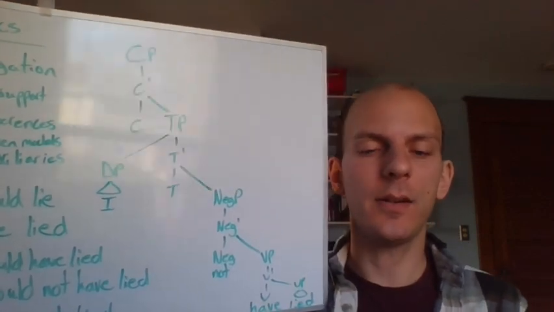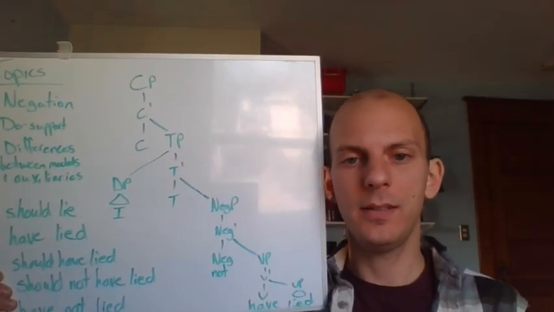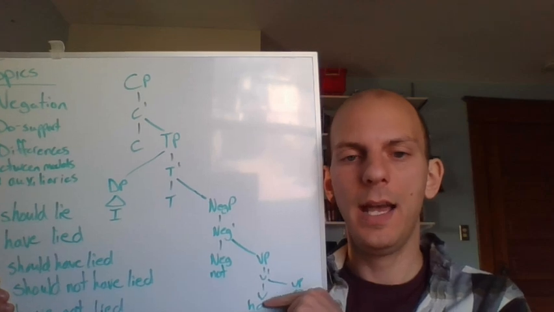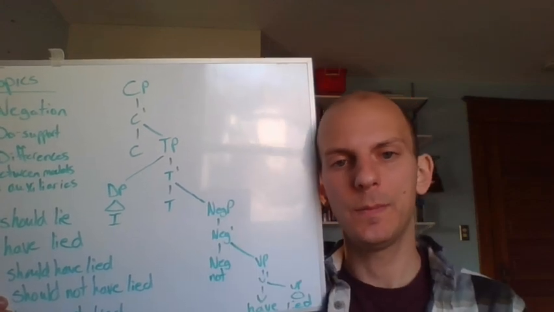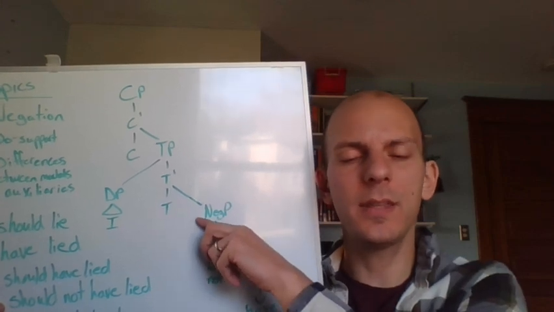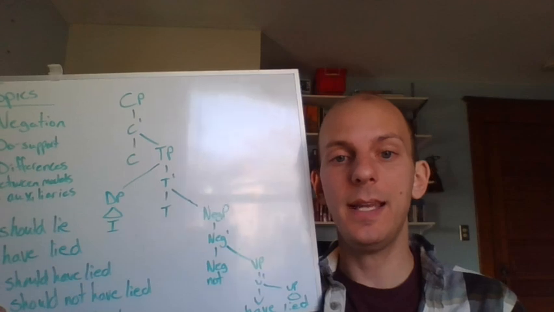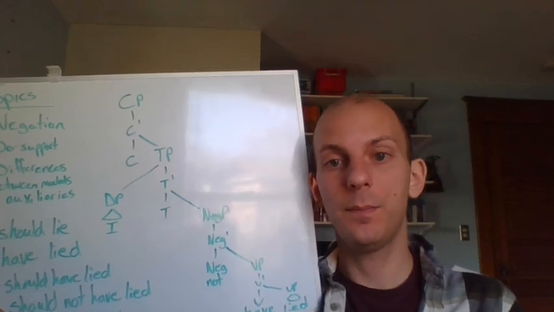And so in this scenario, when T up here is empty, have moves to fill the spot. Have moves up there to fill it. Why? Because we want something in T. Well, we want whatever the tense of the sentence is.